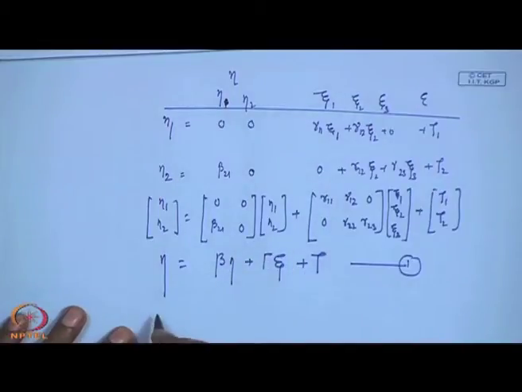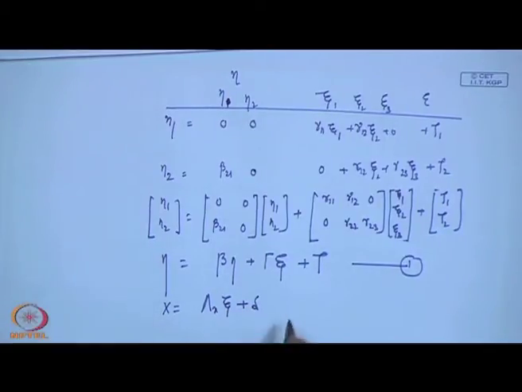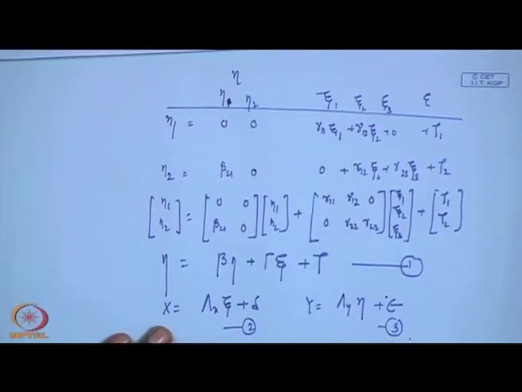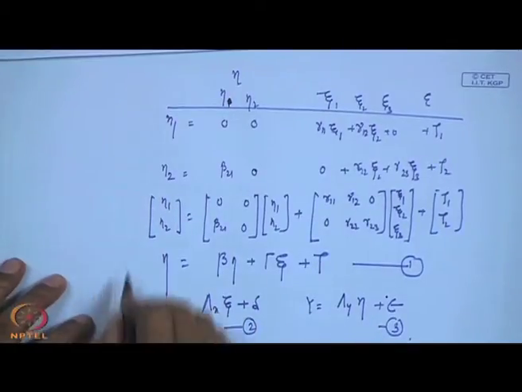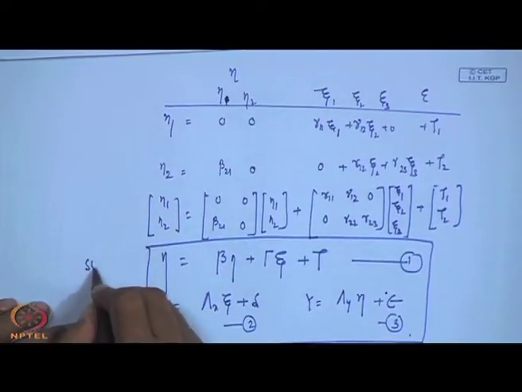Another two equations are x equal to lambda x xi plus delta and y equal to lambda y eta plus epsilon. This is equation number 2, equation number 3. So, this is my structural SEM model.